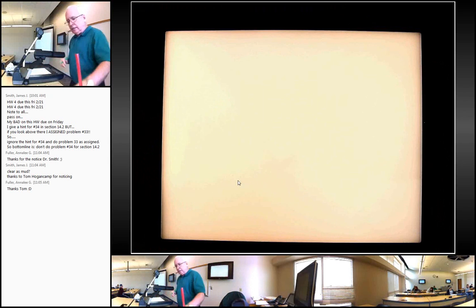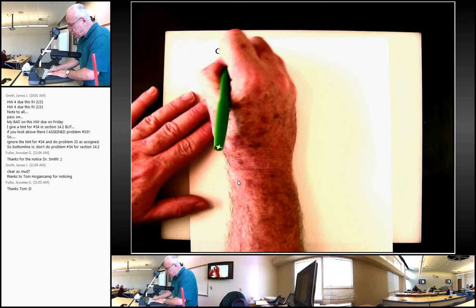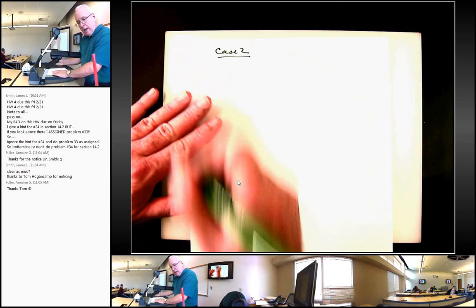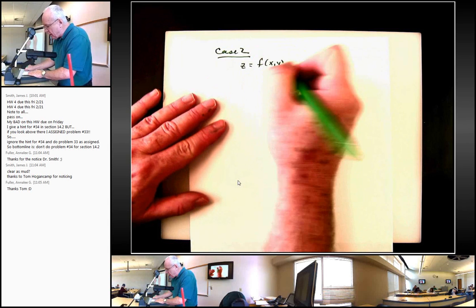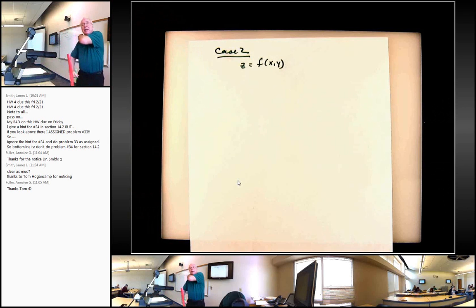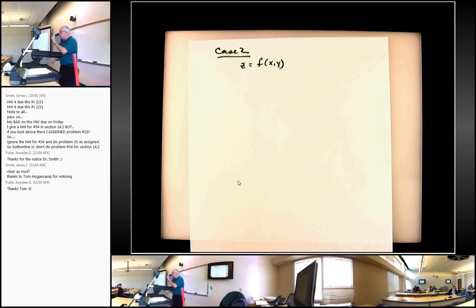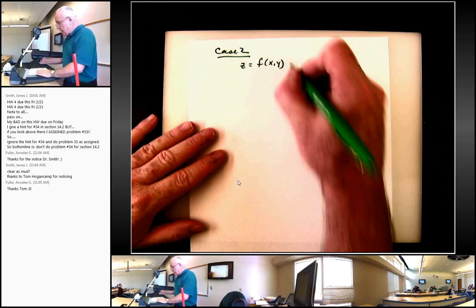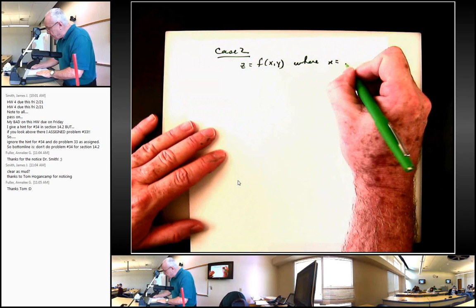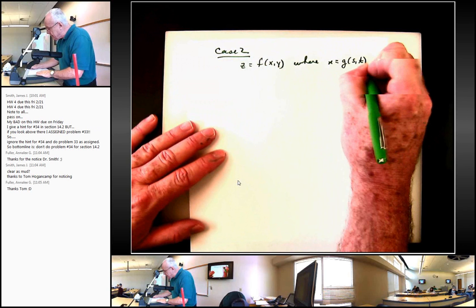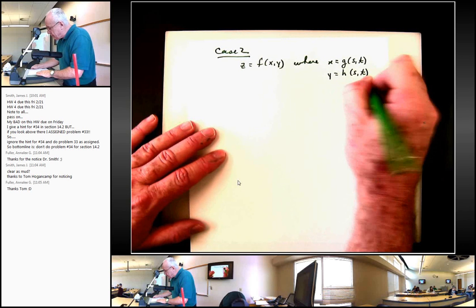Okay, now let's look at a second case. I'm going to call this case number 2. Here again we have z equal to a function of x and y. But this time around, x and y are functions of two variables instead of just one, where x is equal to, say, g of s and t, and y is equal to h of s and t.